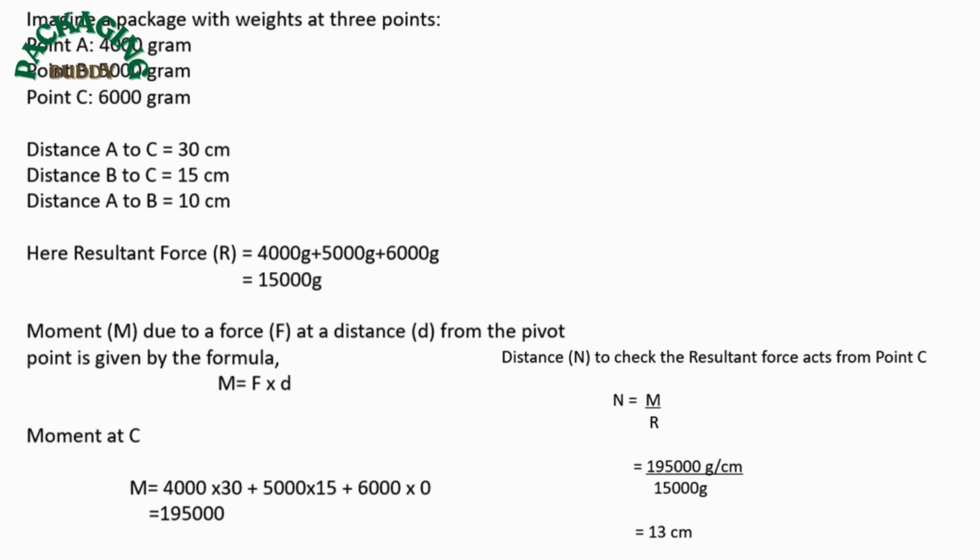Moments, M. This tells us how the weights are affecting balance. For example, the moment around point C, moment M is equal to 4,000 multiplied by 30 centimeter, where 30 centimeter is the distance between point A and C, plus 5,000 multiplied by 15 centimeter, where 15 centimeter is the distance between point B and C, plus 6,000 multiplied by 0.